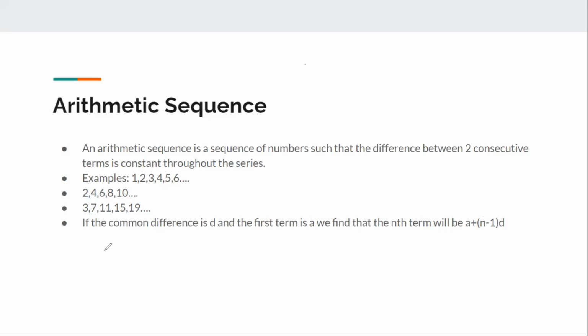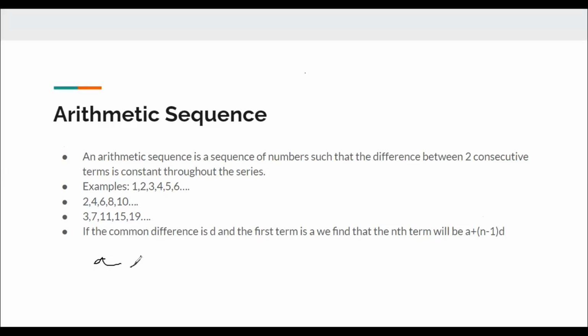The reason this is true is because if the first term is a, then the second is a plus d, right? And then a plus 2d. So you can notice that the third term has 2 as the coefficient, the second term has 1 as the coefficient, so the nth term will have n minus 1 as the coefficient of d.